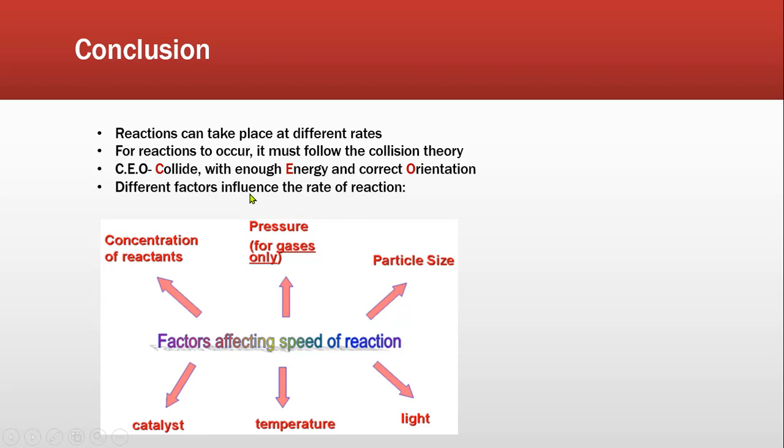Different factors influence the rate of reaction. Those include concentration, catalyst, pressure for gases only, temperature, particle size or surface area, and light. So light and pressure are for only certain instances.